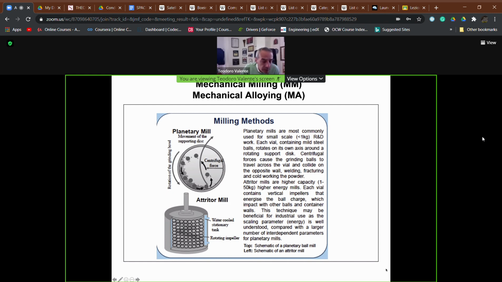The first is the average size of the final powder, which must be suitable for powder metallurgy techniques. Here we are talking about an average diameter of 30, 40, 50 micrometers.